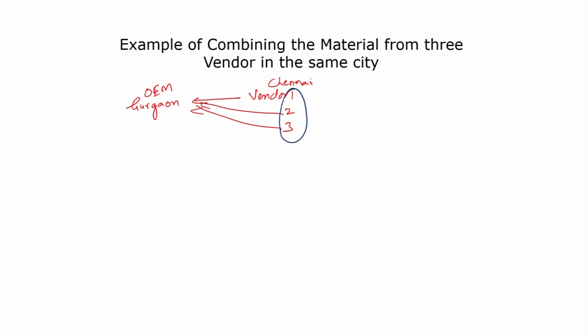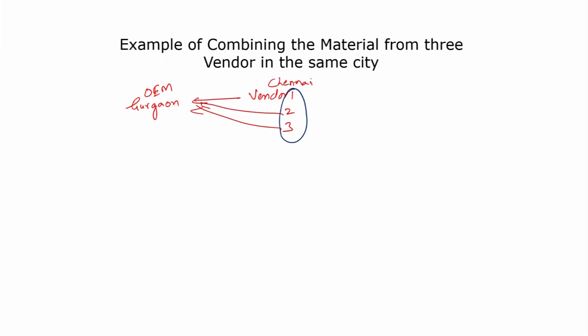What are the implications? Your inventory carrying cost at your OEM will reduce. Now, you are having only 1/3 of the inventory. The disadvantage may be a slight increase in transportation cost. Number of trips can be the same, but there is a slight increase in the transportation cost, and a substantial saving in the inventory.